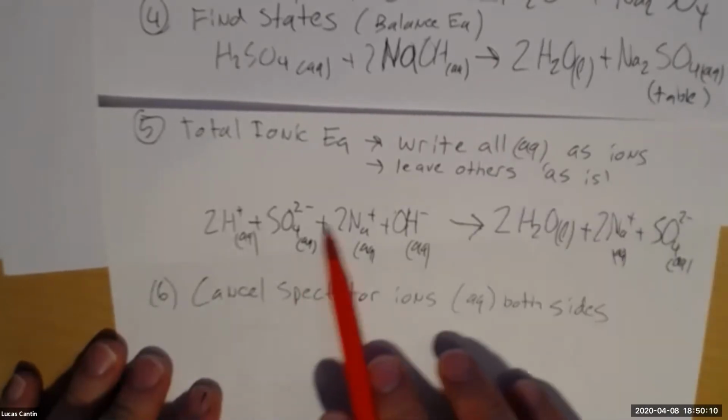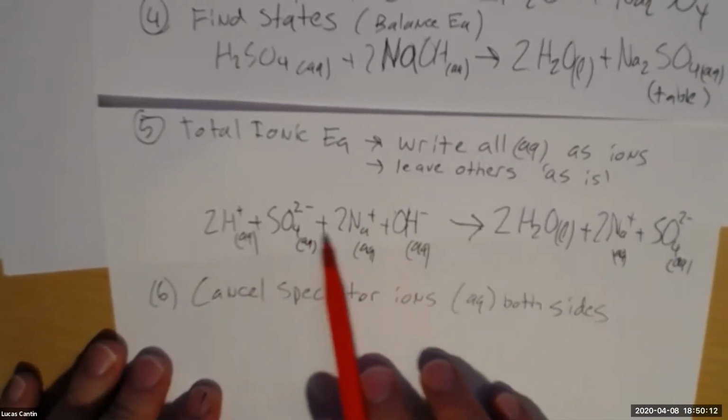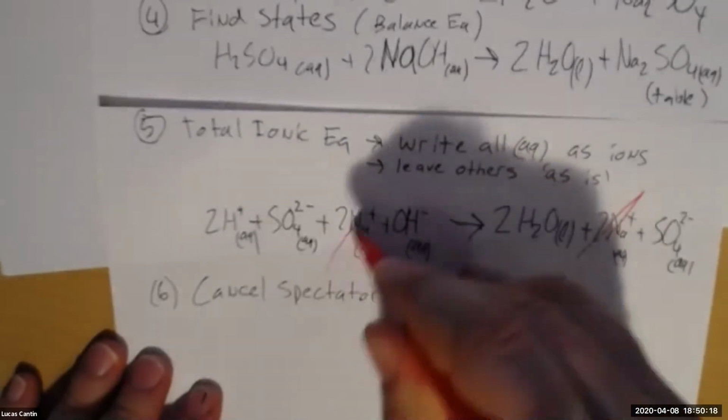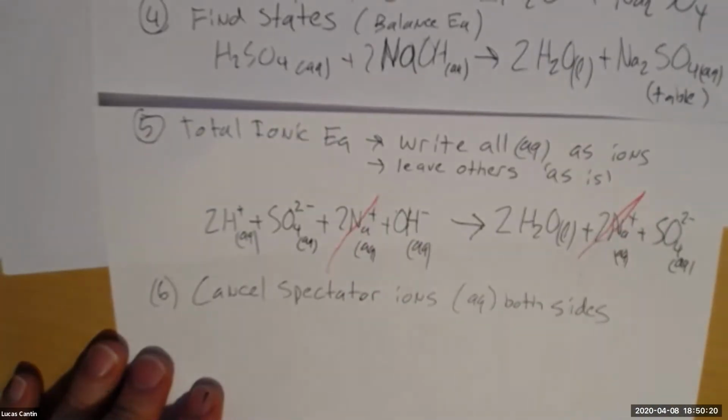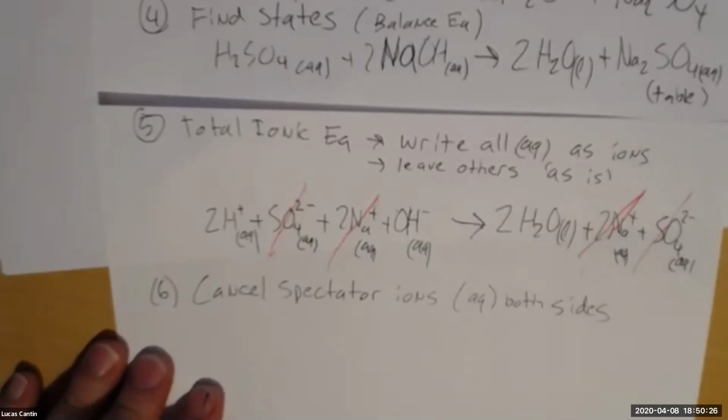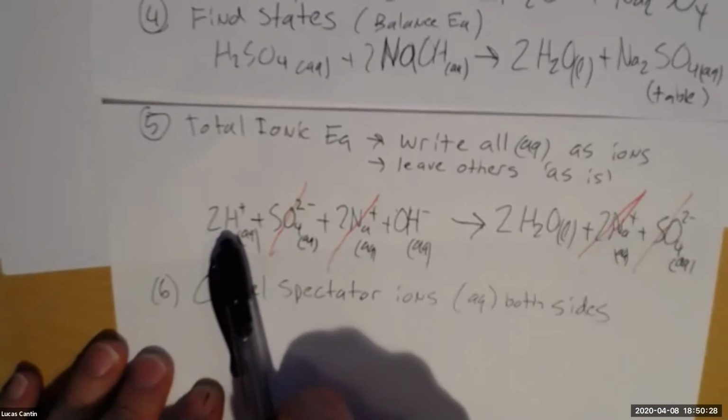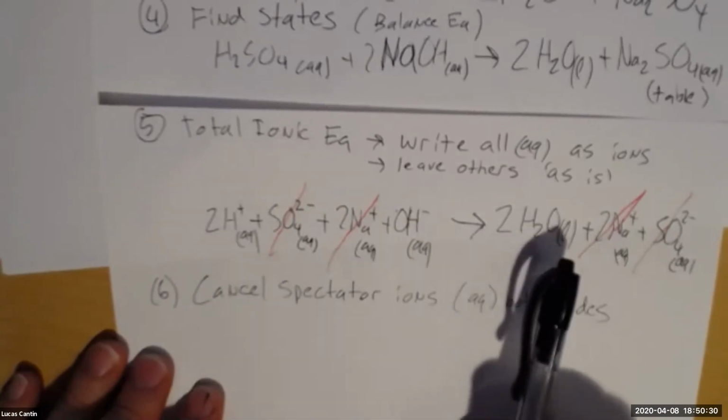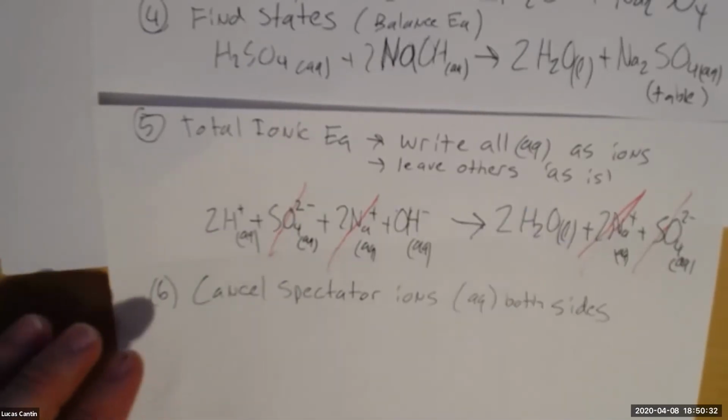So can I cross out everything over here? The Na, yeah, sodium aqueous on both sides. What else is aqueous on both sides? SO4. So that's all I'm going to cancel. I'm not going to cancel everything aqueous because this thing is not represented as aqueous over here, right?